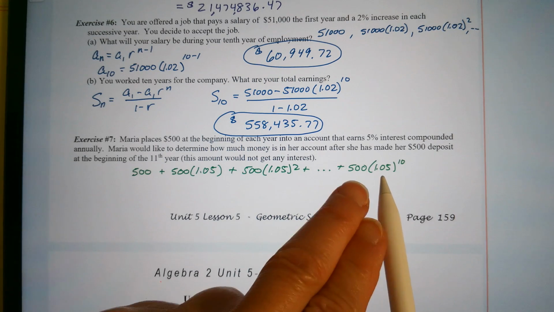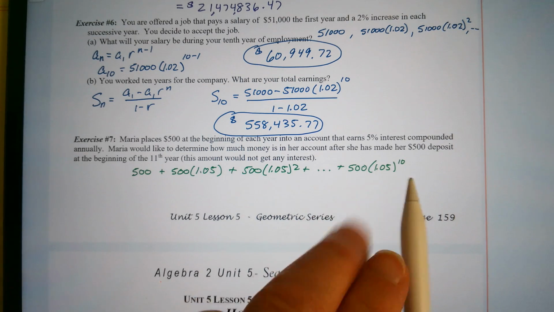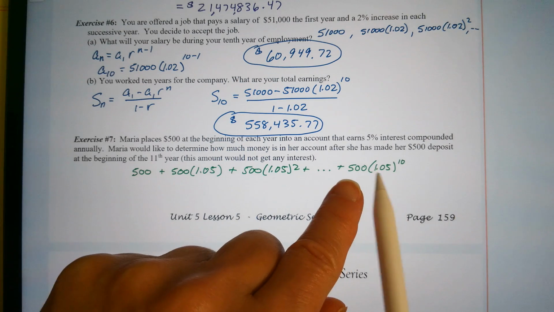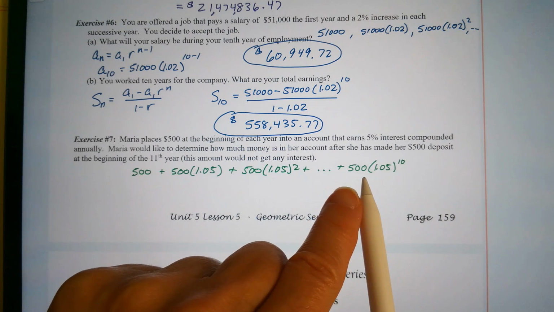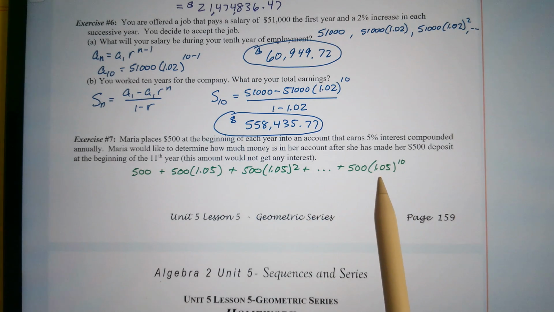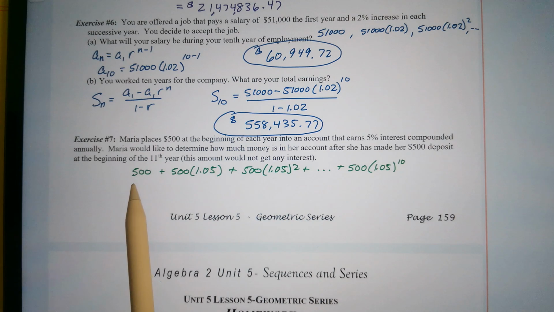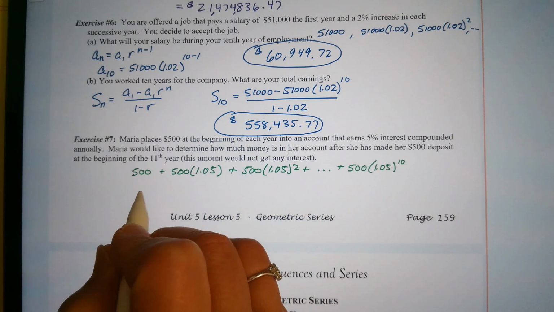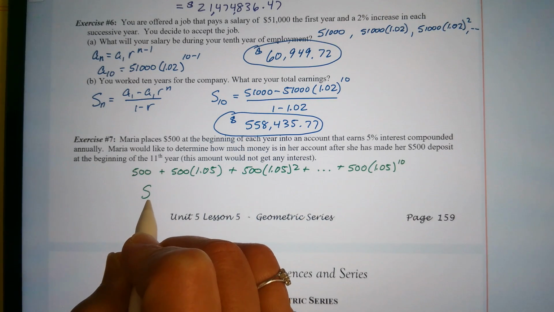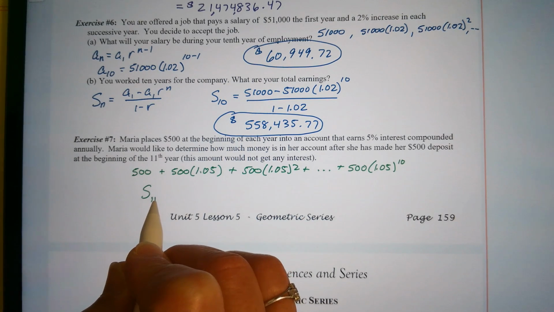This is the first $500 she put in at the beginning of the first year. And that is in there for 10 years and earns this much, all right? And then it goes backwards. So then at the beginning of the 11th year, when she put $500 in, it doesn't earn any interest. Okay, now summing these up, this is the sum of the first 11 terms.